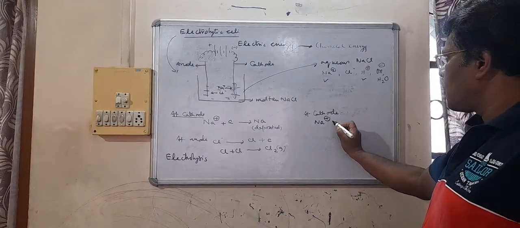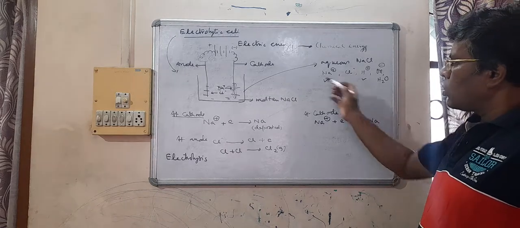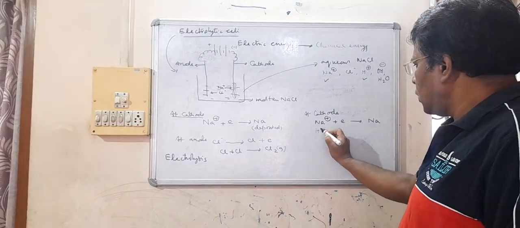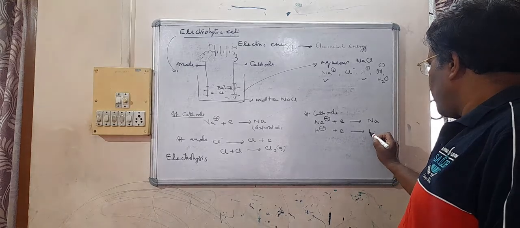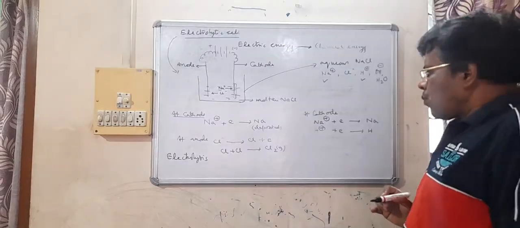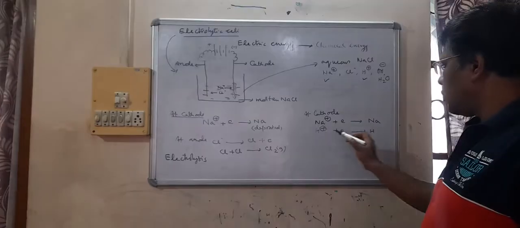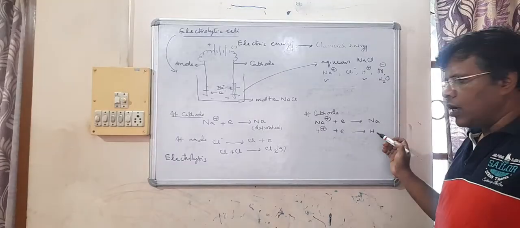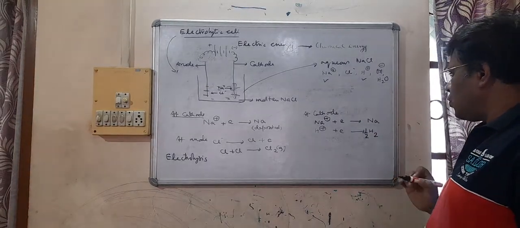Na+ plus electron gives Na, or H+ plus electron gives H. Since a hydrogen atom cannot exist freely, we can write half H2.